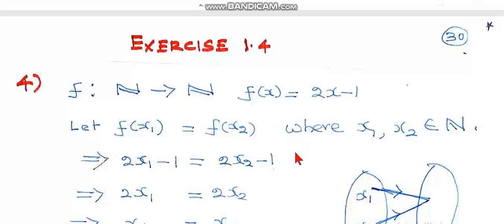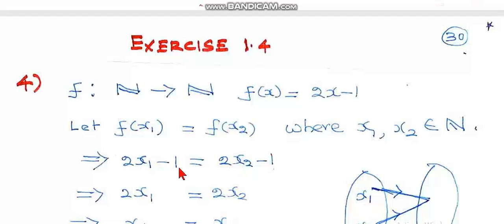To see whether it is 1, 1, let us take two elements in the set of natural numbers, x1 and x2. Let us assume f of x1 equal to f of x2. F of x1 is 2x1 minus 1. F of x2 is 2x2 minus 1.